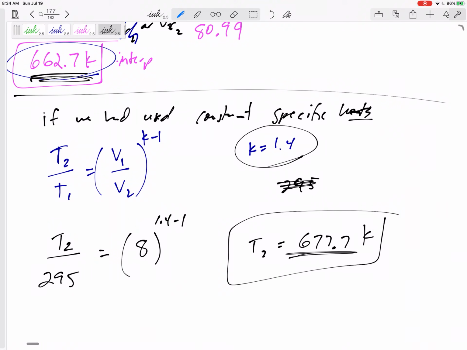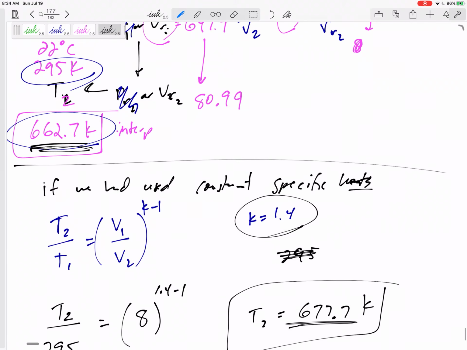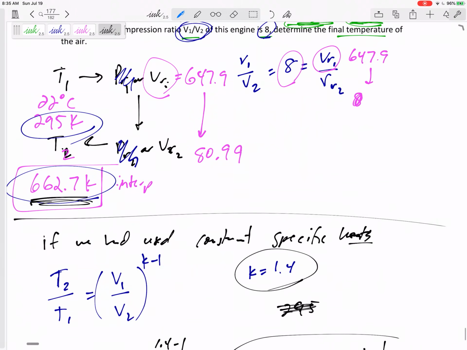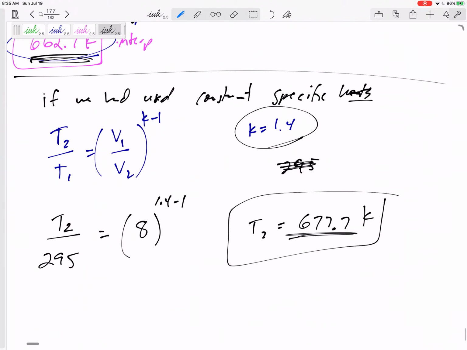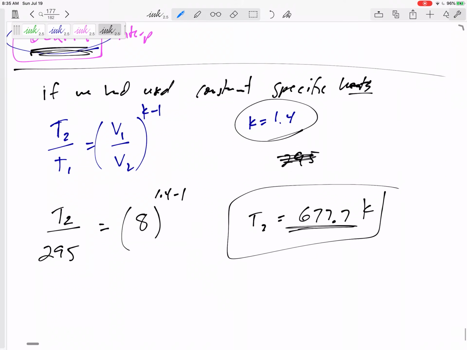I just want you to take the value at the beginning property value. Okay, so for an isentropic ideal gas, we have two methods: the relative methods, or these other equations for constant specific heats, which we've written on our formula sheet, and we'll use to find, in this case, the final temperature.